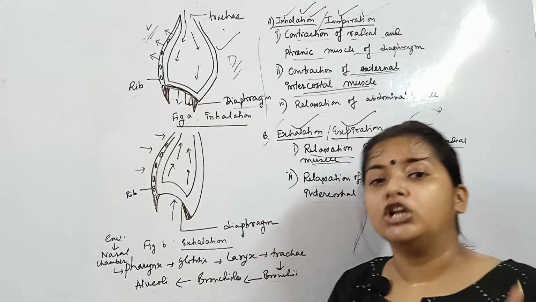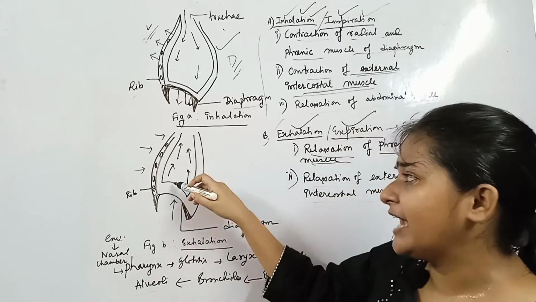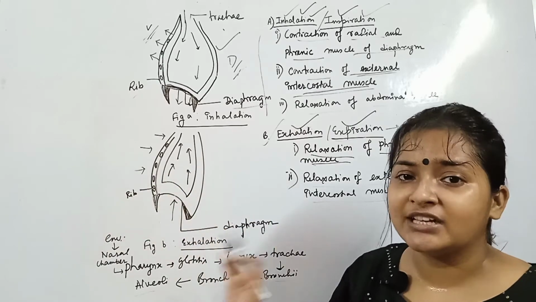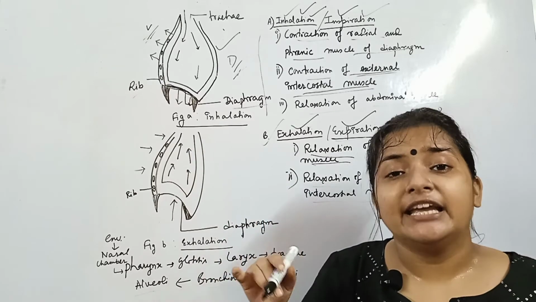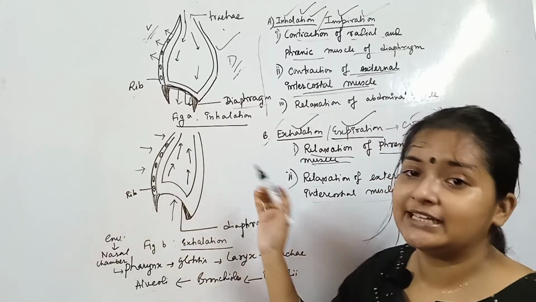And when the volume of the thoracic cavity decreases, the inside pressure increases, and the external pressure is the same.